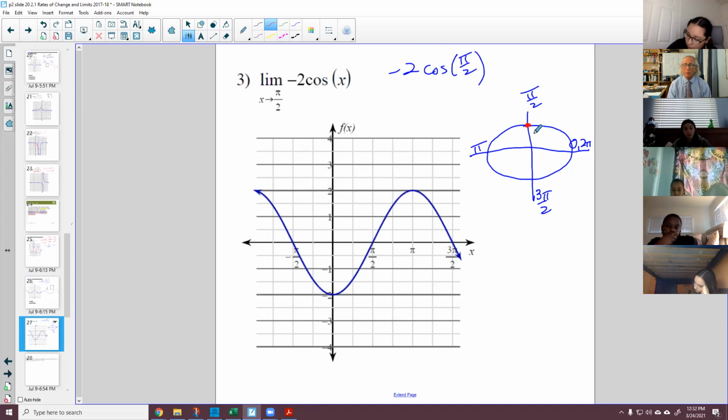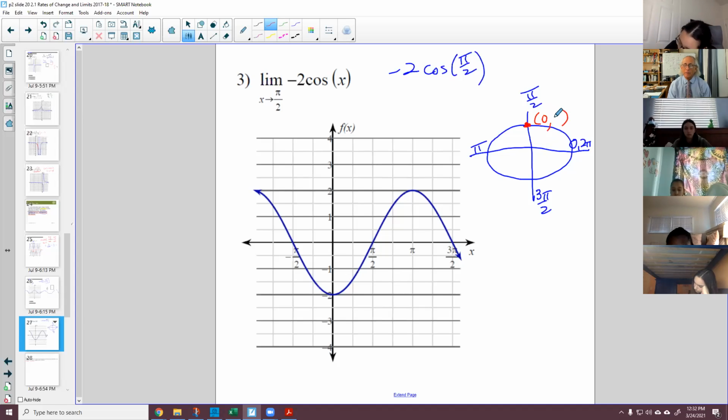What are the coordinates of that point? 2, 0. No, forget about the 2. What are the coordinates of this point on the unit circle? Oh, is it 1, 0? What's the x value and what's the y value? The x is 0. Uh-huh.